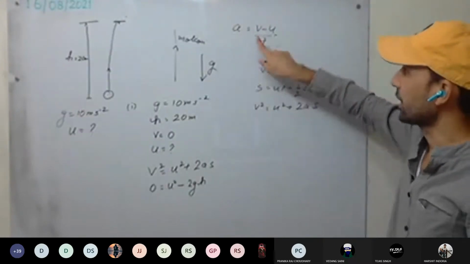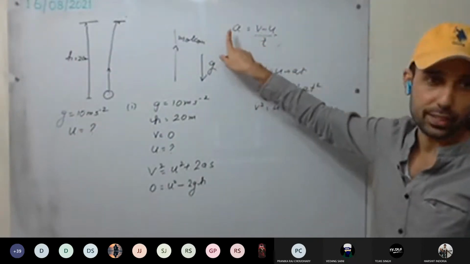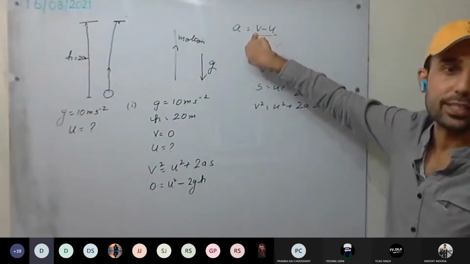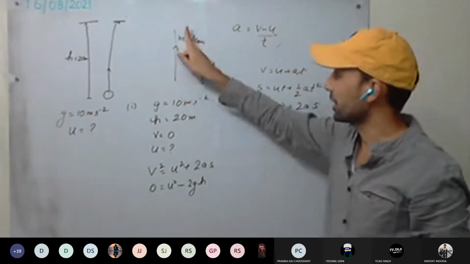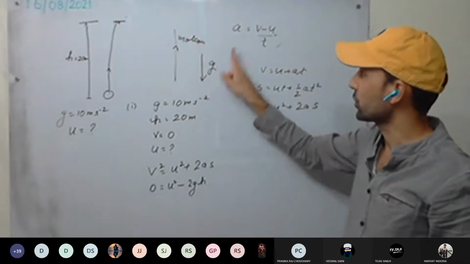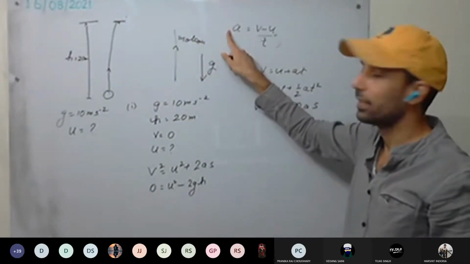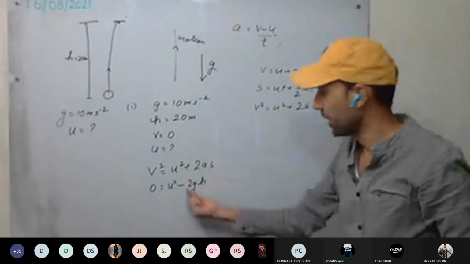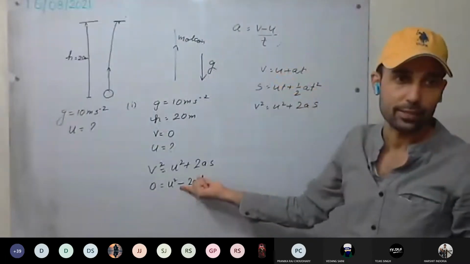So a plus sign denotes that velocity is increasing, whereas a negative sign denotes that velocity is decreasing. And here velocity is decreasing because there is retardation, so acceleration comes negative. Understood that the negative sign denotes retardation, velocity is decreasing. That's why we have the minus sign.